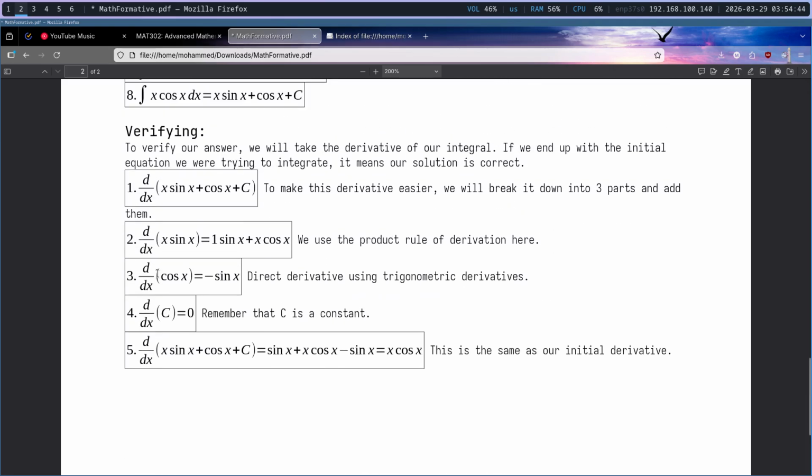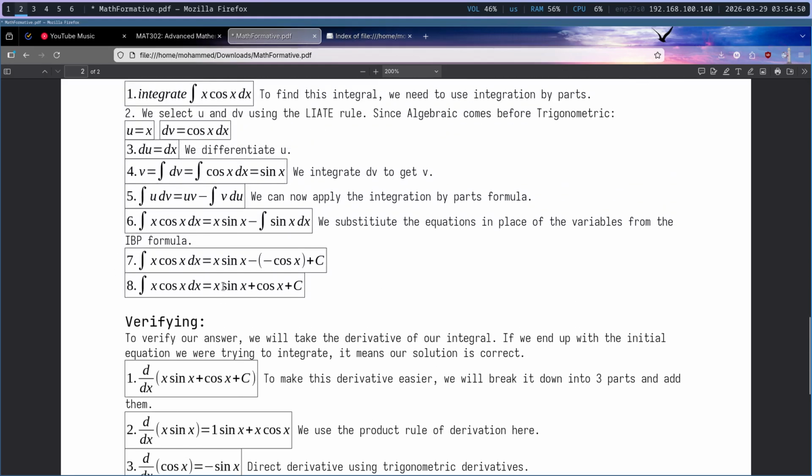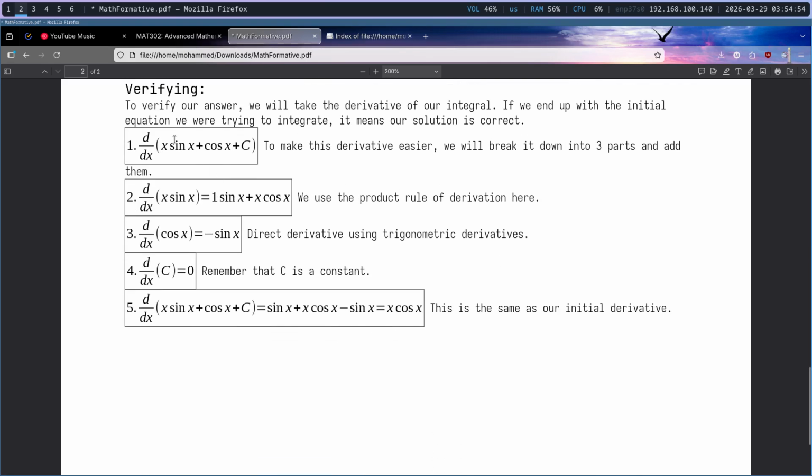This is our answer. To verify it, all we have to do is take the derivative of our final answer. If we end up with the initial function, then we know it's correct. So what I did in here is break this formula into 3 parts, namely the first one is x sine x, which I solved using the product rule, and we got 1 times sine x plus x cosine x.